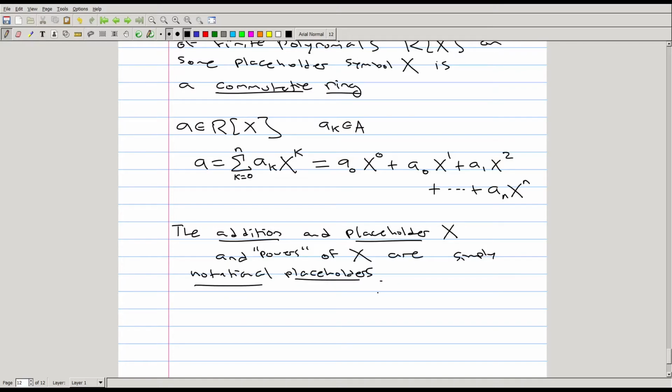Meaning we're not talking about a polynomial function where we plug in some value of x. These things are just symbols that are holding the place of each one of the elements of the ring, and we're using the rules of operations for normal polynomials to manipulate elements of this ring.